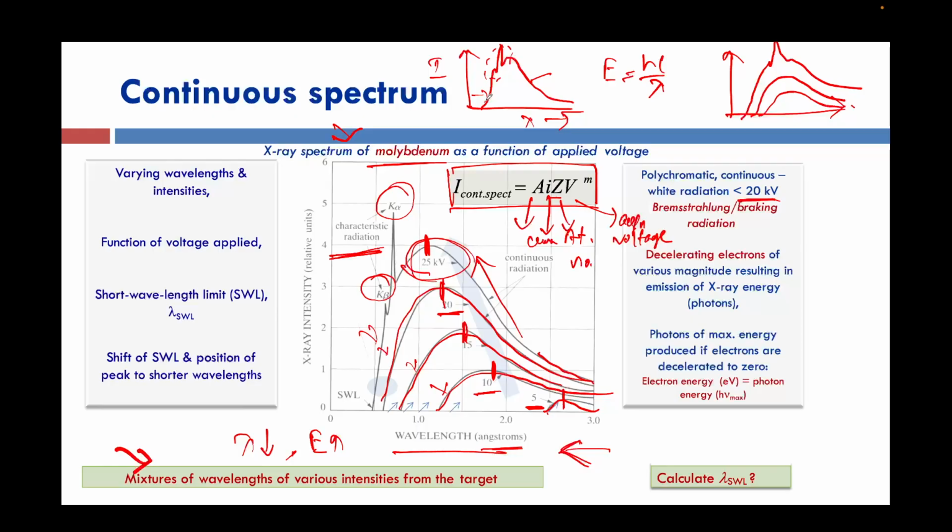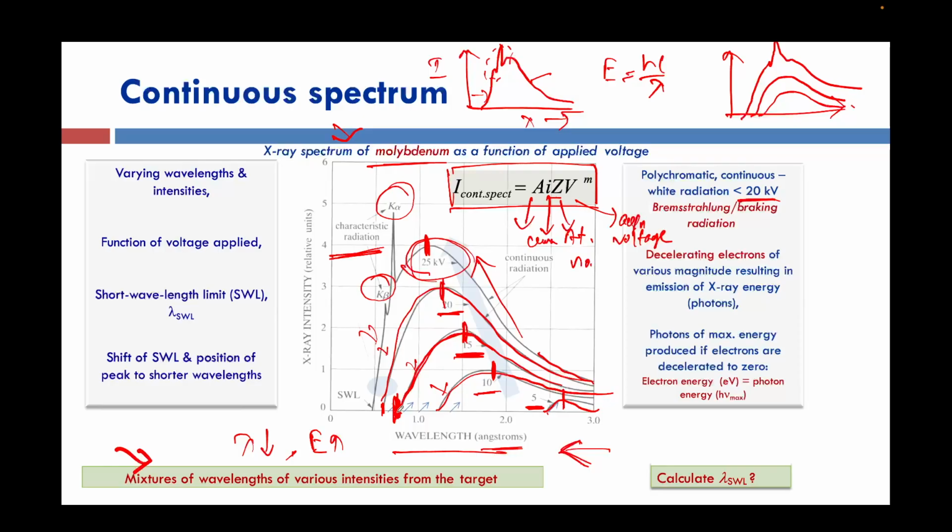Here one interesting thing is that at a certain point, all of my energy carried from the cathode by the electrons, this is the lowest wavelength corresponding to 15 kilovolt electrons. This is the maximum energy that my 15 kilovolt electron can transfer into my anode material. Beyond that I cannot transfer any more energy.